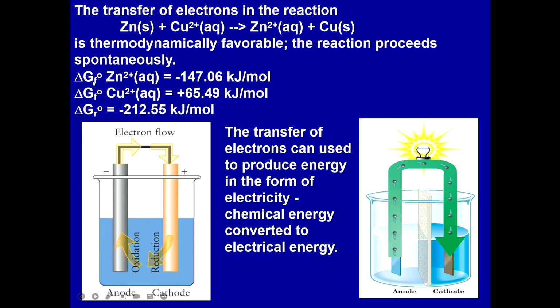The formation free energy of the zinc ion is minus 147.06. The formation free energy of the copper ion is plus 65.49. So the free energy of the zinc ion is negative, but the copper ion is positive. What does this mean?